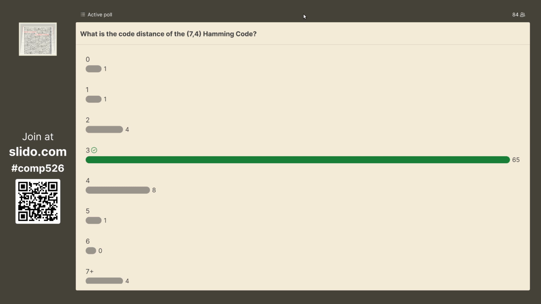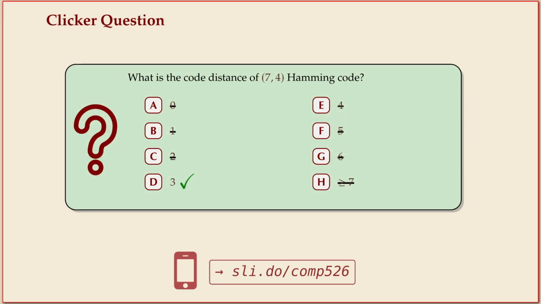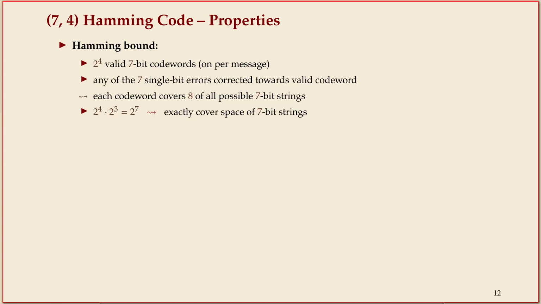Now let's compare this with our lower bounds from before. We had the Hamming bound earlier, and there we said we related these as follows.